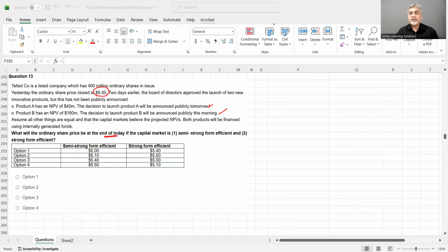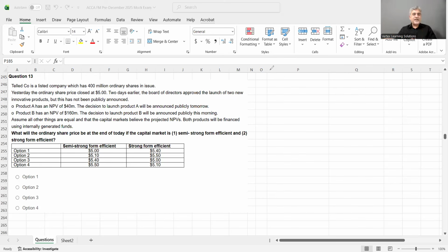Now, this is where it comes. So you announce this in the morning. What will be the share price at the end of today? And this will be announced tomorrow. This has no information. If the capital market is, number one, semi-strong form efficient and strong form efficient. Now, semi-strong form efficient and strong form efficient. I think somebody has put an answer.